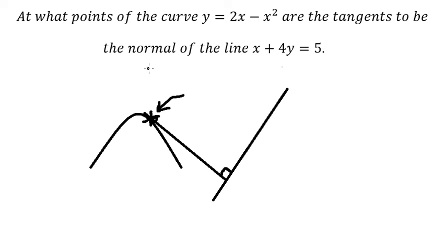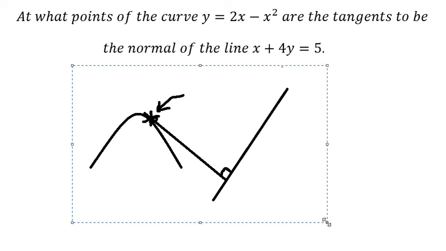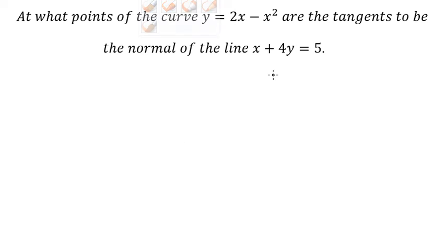To do about this one, we need to find the normal of the line. That is about this one, so that we can find the value of this one. So I will put x to the right, and later we divide both sides by 4.